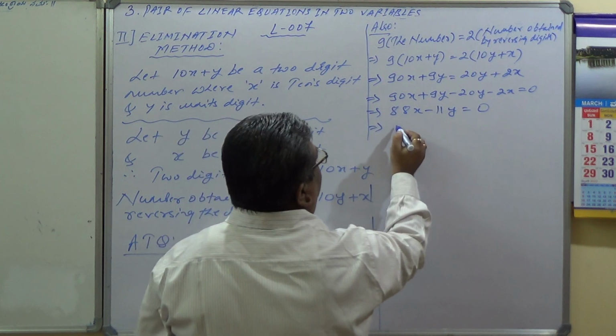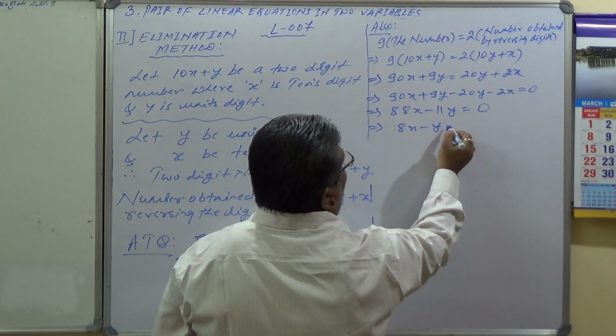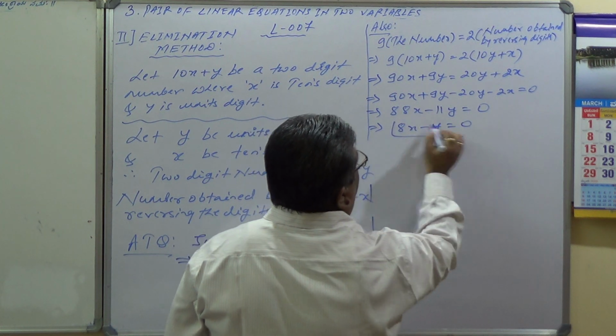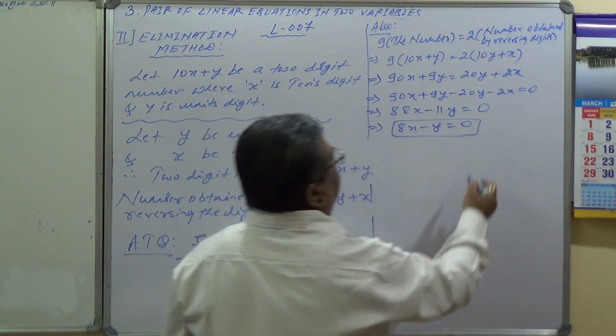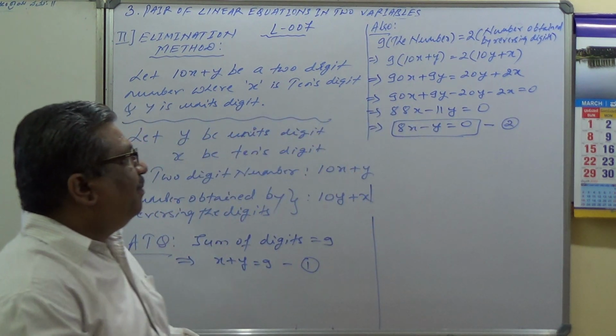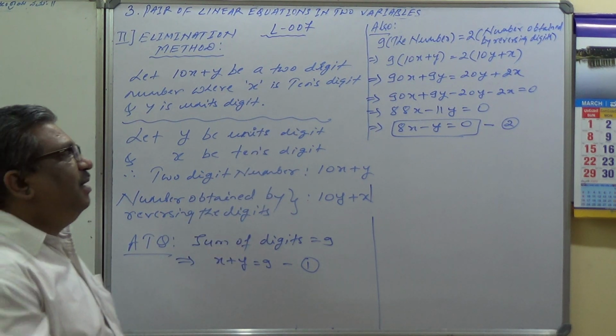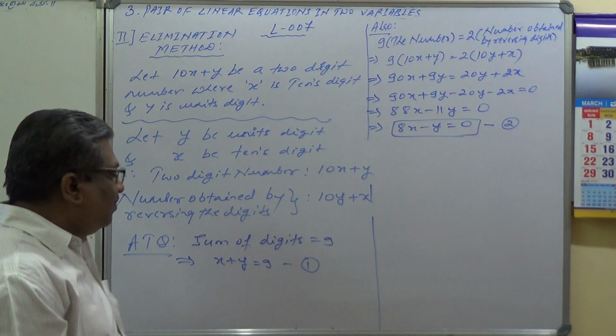Common is 11 here, therefore 11 eights are 88, so 8x minus y equals 0. So this is equation number 2. I hope it is correct. I have taken 11 as common, and that 11 goes to that side. This is 8x minus y equals 0.